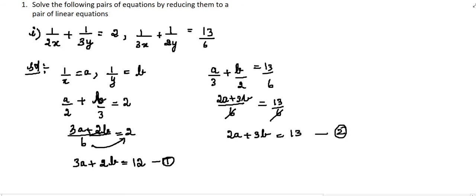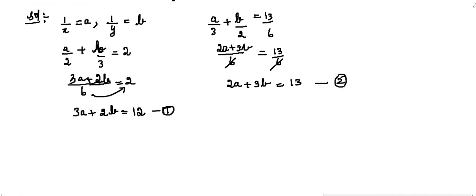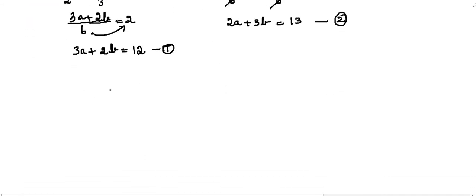Now, I can solve these two equations by any method, either substitution or elimination. I am going to use elimination method. See, I am going to remove the variable a.